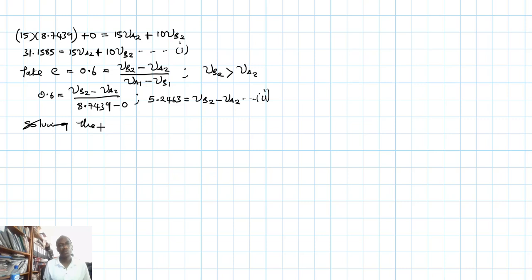So solving the two equations, we write that as VB2 is equal to 5.2463 plus VA2, and therefore this one is 131, right?